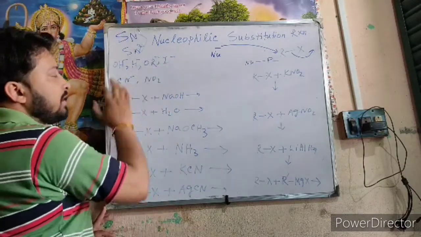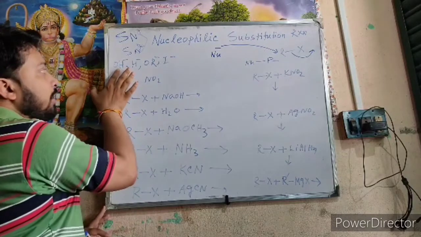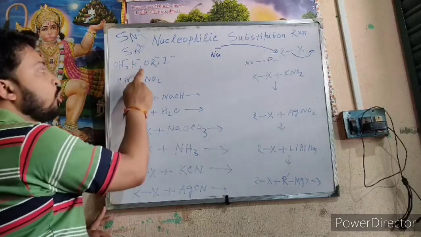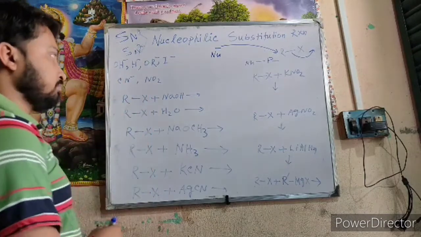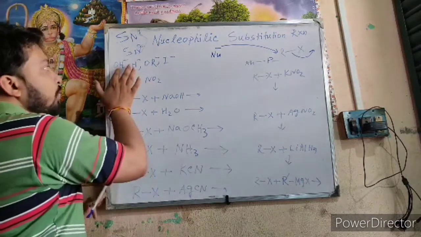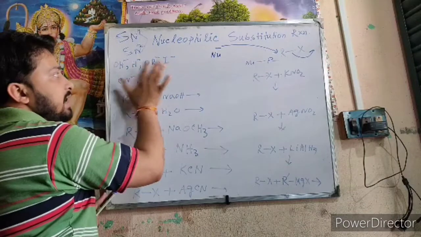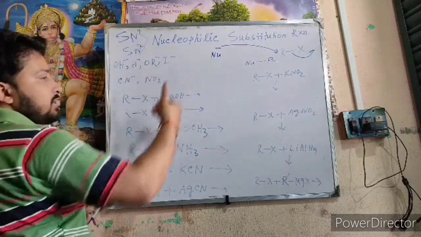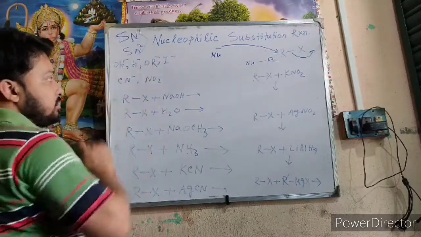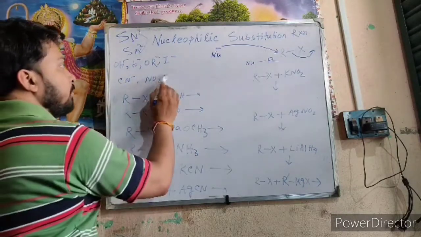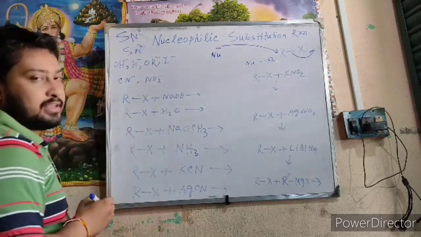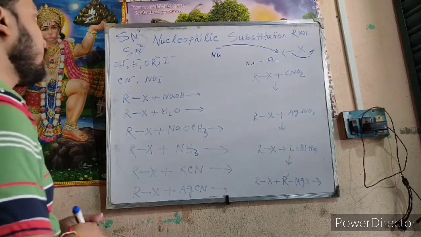There are so many nucleophiles, such as OH minus, H minus, OR minus, I minus, CN minus, NO2 minus. OH minus, H minus, OR minus, I minus, this type of nucleophile is called monodentate, and CN minus, NO2 minus, this type of nucleophile is called ambidentate.